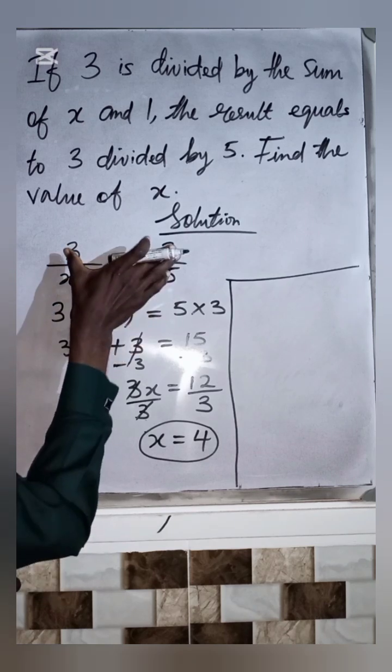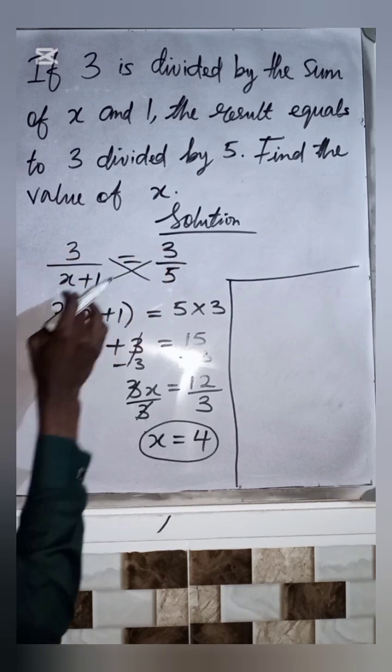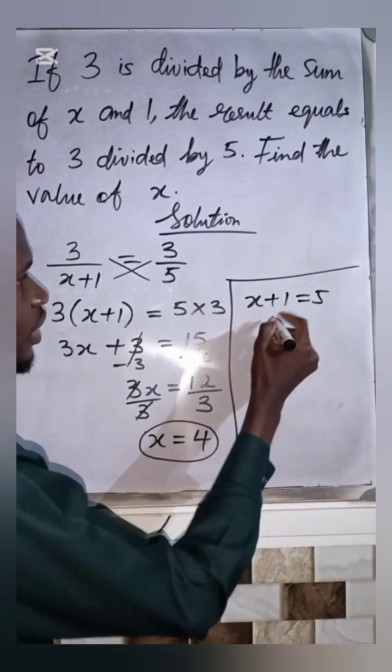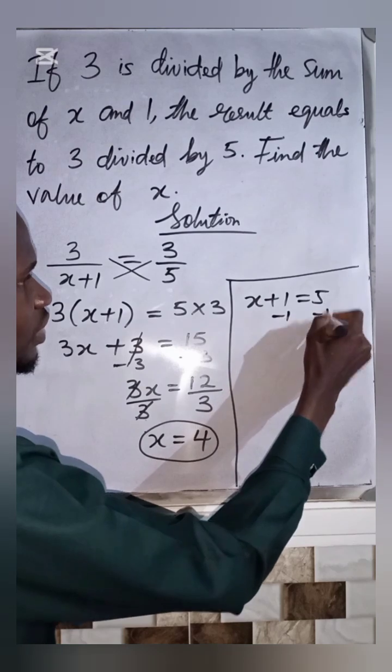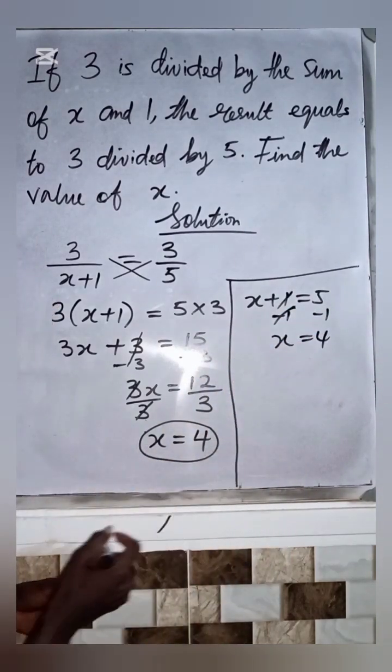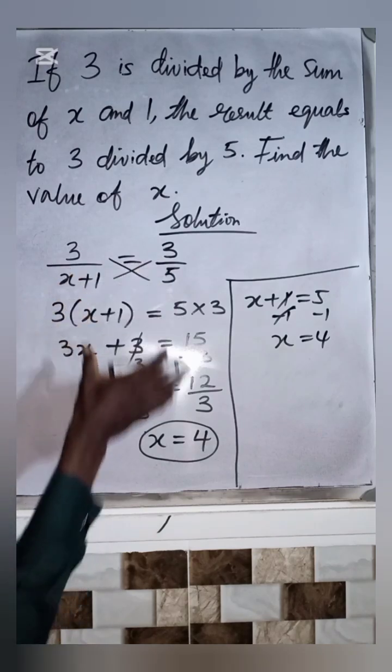Why? Because the numerators are of the same value. So I can simply say x plus 1 equal to 5 and subtract 1 from both sides. This cancels this, x equal to 4, without going through this long process.